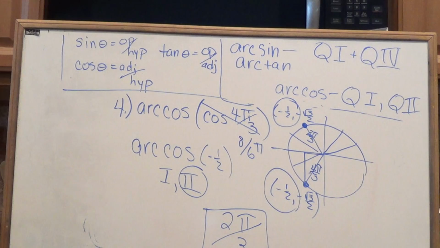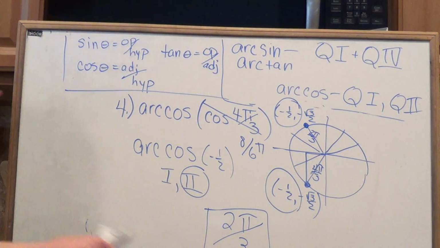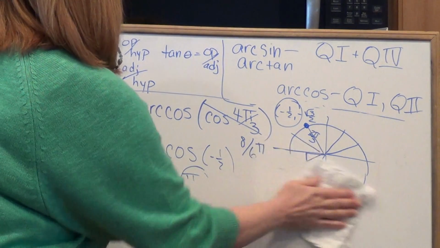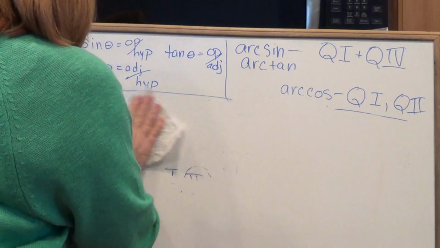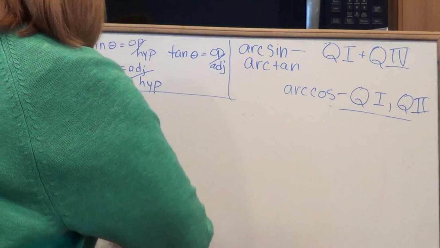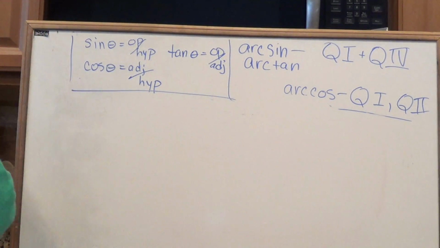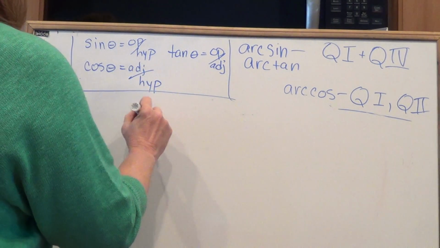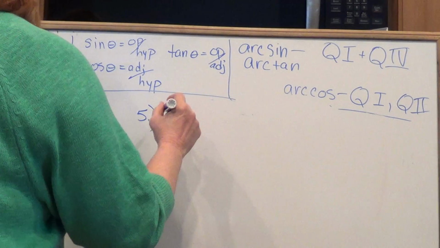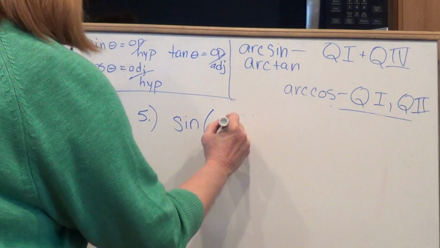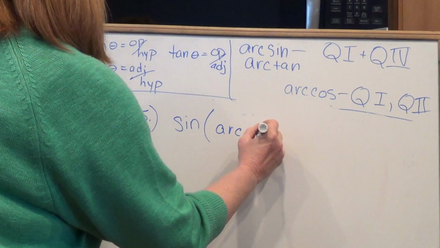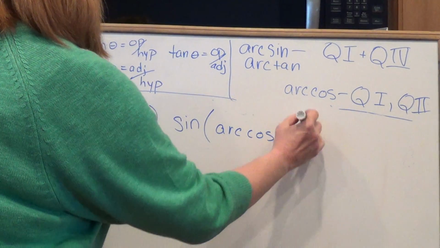All right, now I want to do number 5, and number 5 is more like what your homework is going to be. I have 5 problems for you to do. So we can zero in on this closely. Sine of the arc cosine of 3x.